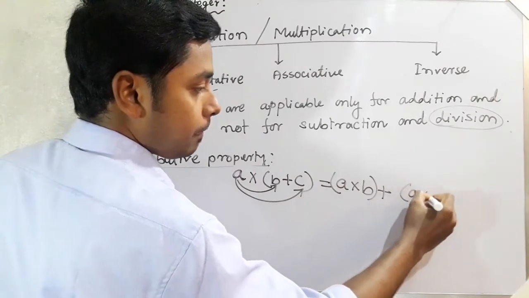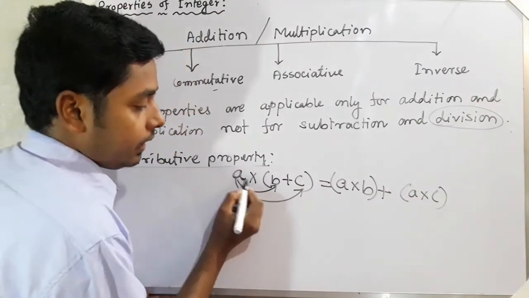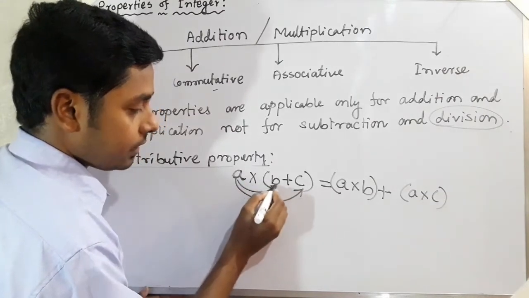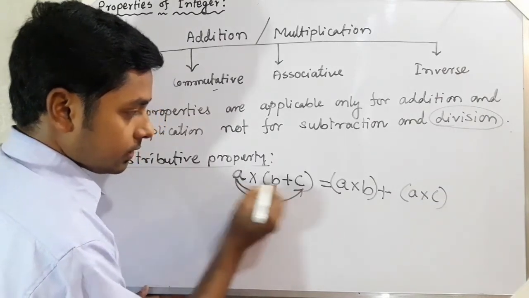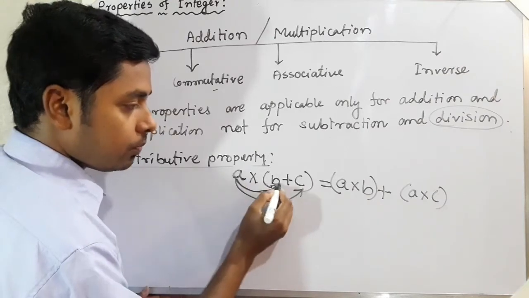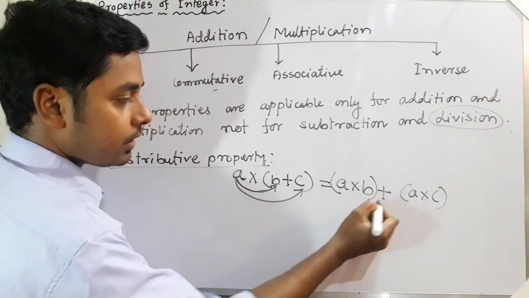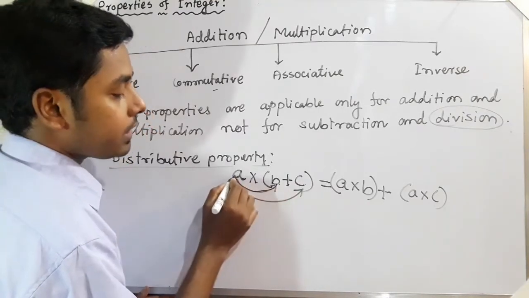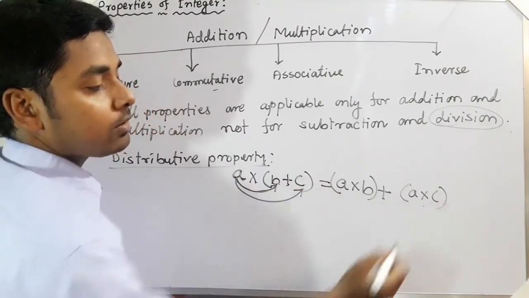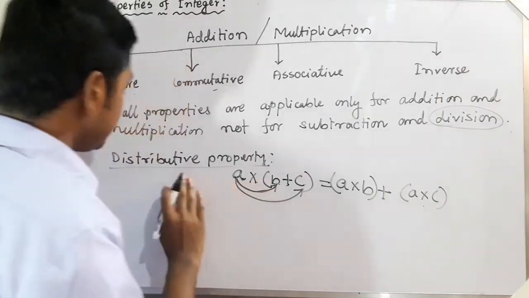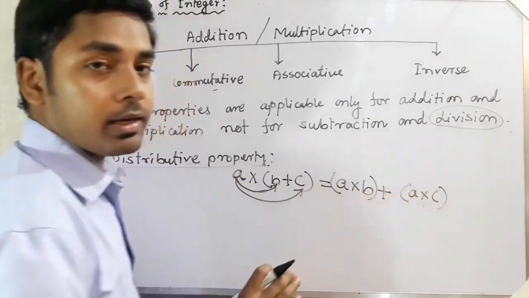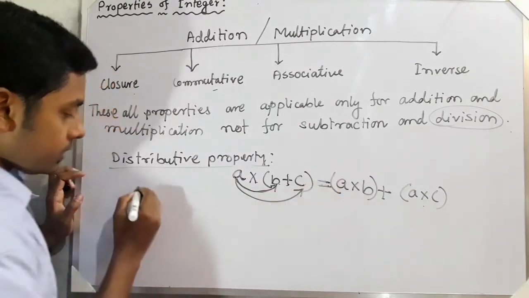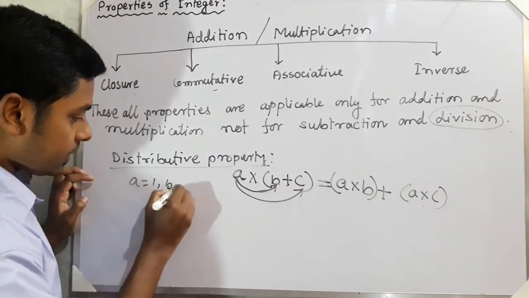If we have a into (b plus c), then the first term we take is a into b, then this plus will come here, then a into c. First of all a will multiply with b and second a will multiply with c. And this is the distributive property.